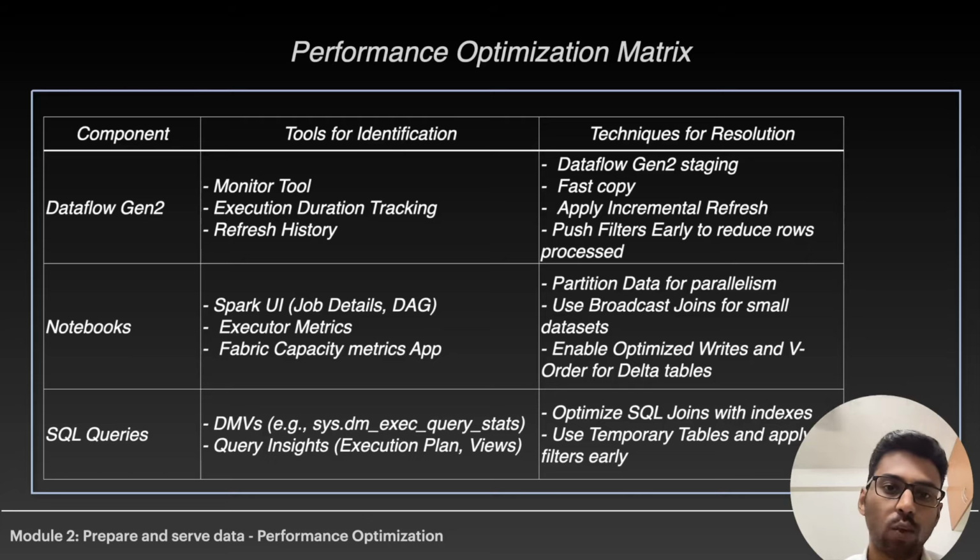With this brief, I think we'll jump over to the Fabric portal to look at the identification tools first, each and every tool, and then we'll talk about techniques using the Microsoft documentation, and even with the COVID-19 dataset, what are all the techniques, like fast copy in Dataflow Gen2.